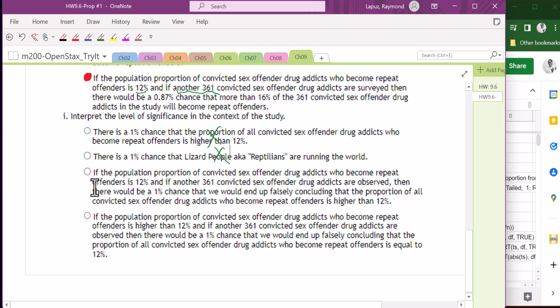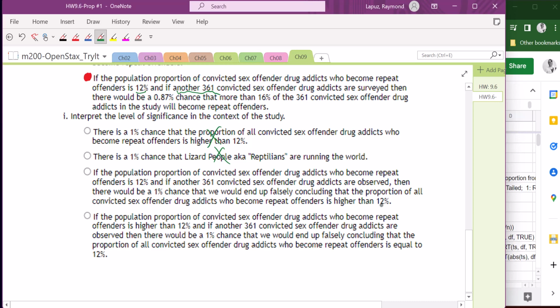All right, this next one, if a population proportion of convicted sex offenders become repeat offenders is 12%, and another 361 sex offender drug addicts are observed, then there would be a 1% chance that we would falsely conclude that the proportion of all sex offender drug addicts become repeat offenders is higher than 12%.